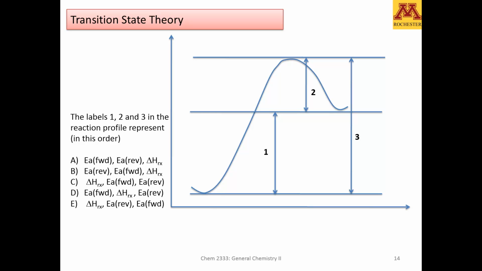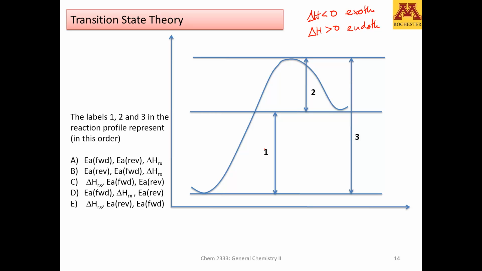So, how can we connect the activation energy with the enthalpy of the reaction? Notice that when your enthalpy of the reaction is negative, you have an exothermic reaction. When the enthalpy is positive, you have an endothermic reaction. Okay? In this case, because the products are at higher energy than the reactants, this is an endothermic reaction.